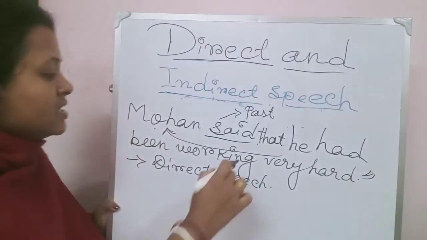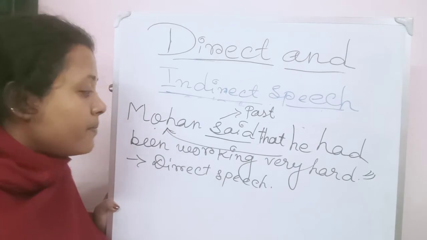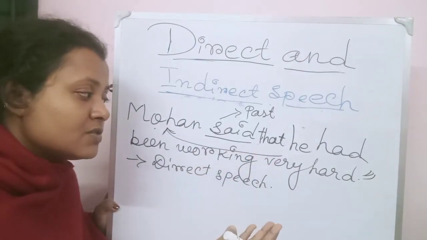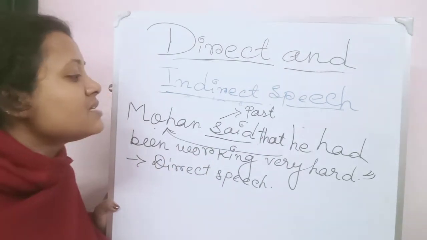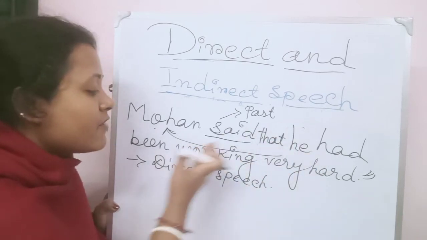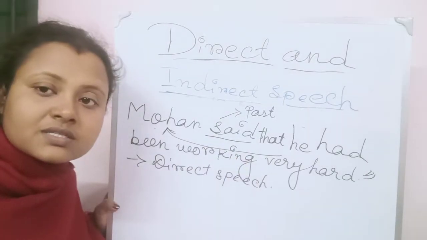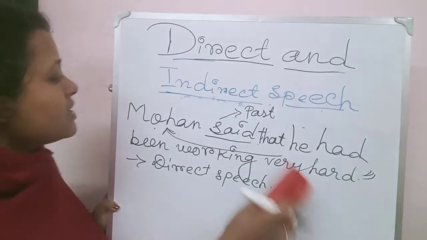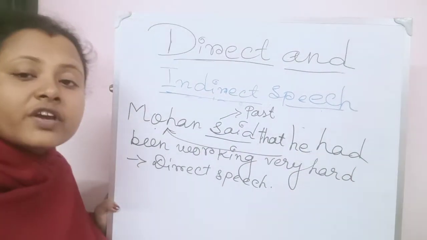So he had been working. It was written in present perfect continuous tense; now it is changed to past perfect continuous tense. So the answer is: Mohan said that he had been working very hard.